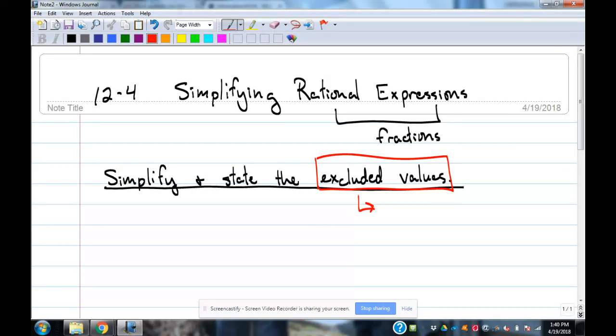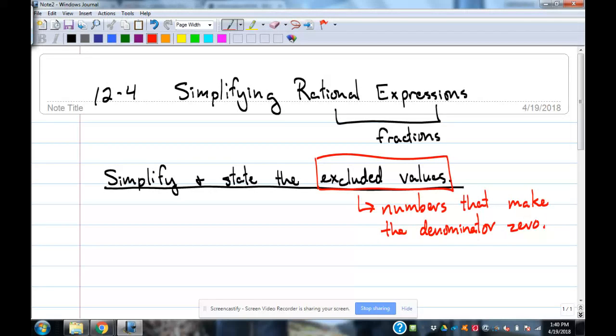Excluded values are numbers in them that make the denominator 0. We're dealing with fractions.